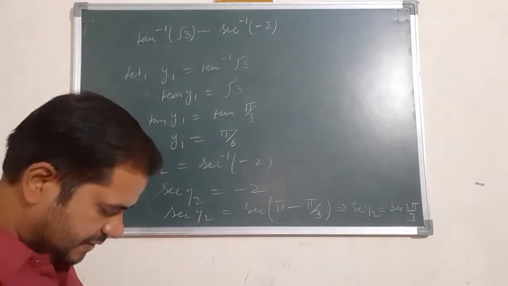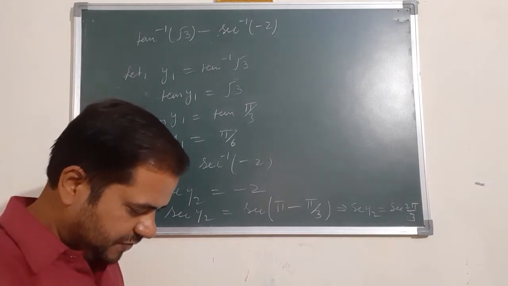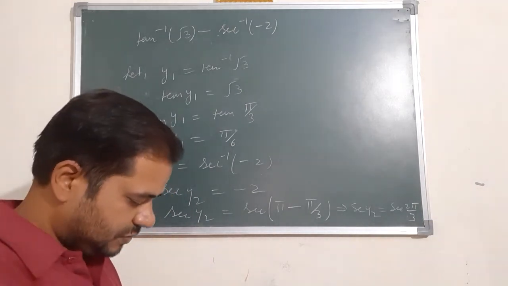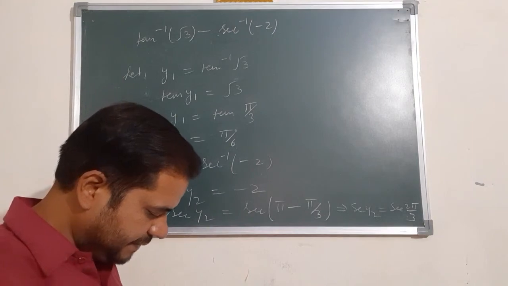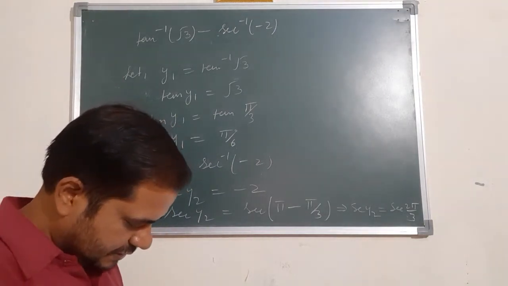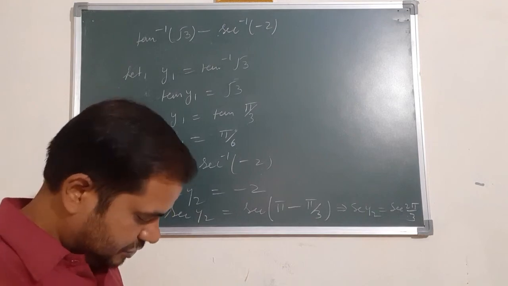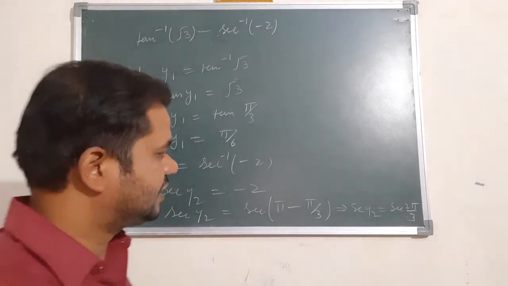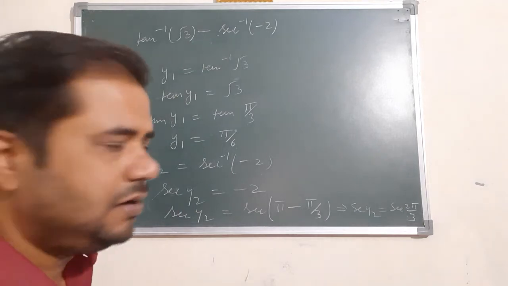And see, does this belong to the principal value branch or not? So y2 is equal to 2 pi by 3. Yes, the range of sec inverse is 0 to pi except pi by 2, so 2 pi by 3 is the value.